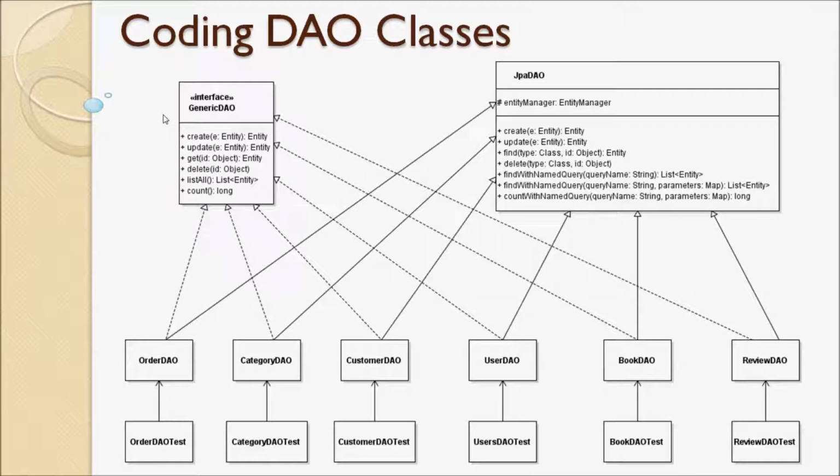In this DAO diagram for our project, as you can see, the generic DAO interface defines operations that are common to all specific DAO classes. You see order DAO, category DAO, customer DAO, user DAO, book DAO, and review DAO.